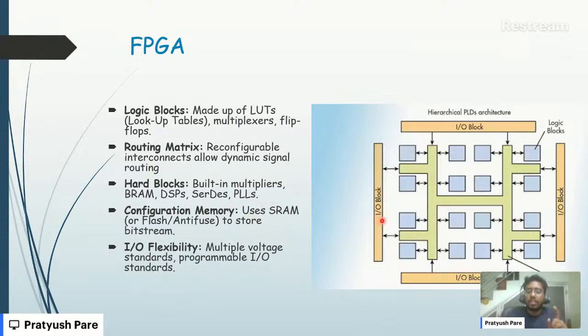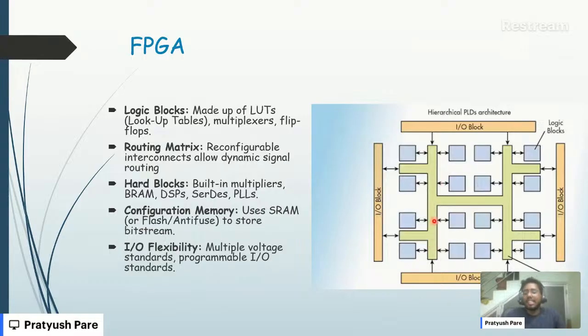That's where the bit stream comes into the picture. I will explain it more in the next slides. After synthesis and everything, the FPGA tool stores a bit stream. And this bit stream is fed so that the routing is done and the correct logic blocks are connected.